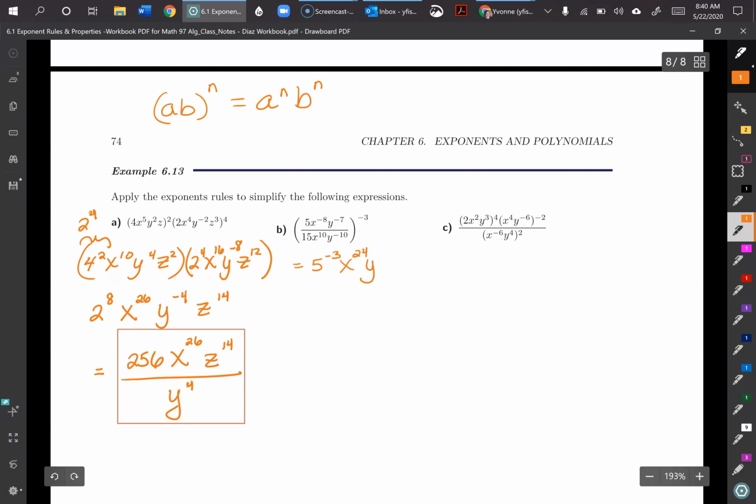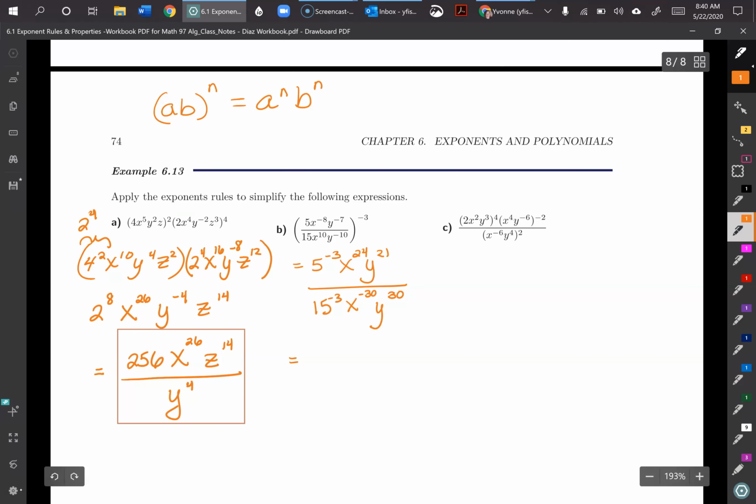And then y to the negative 7 raised to the negative 3 is going to be y to the positive 21. Then I have 15 to the negative 3, then x to the negative 30, y to the positive 30.